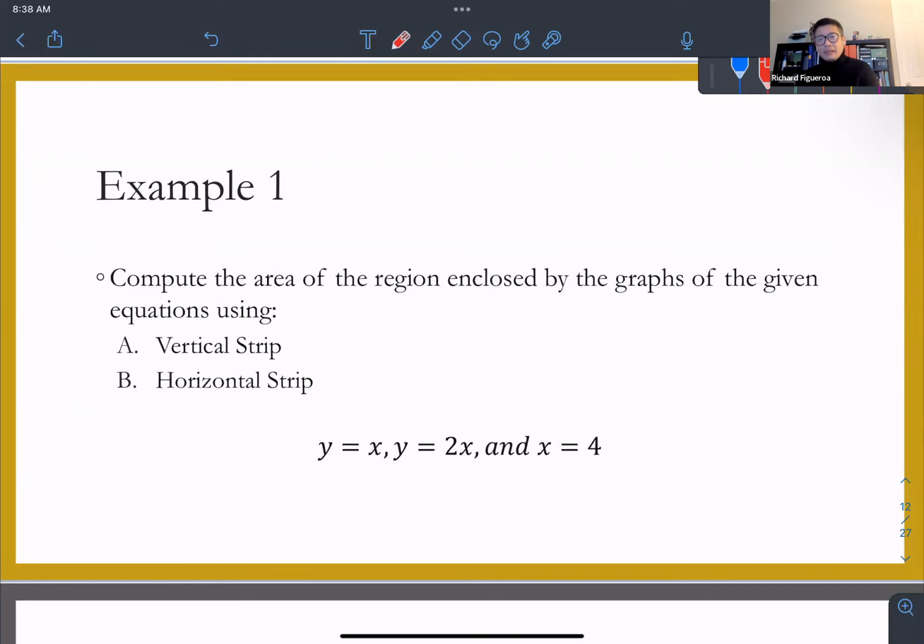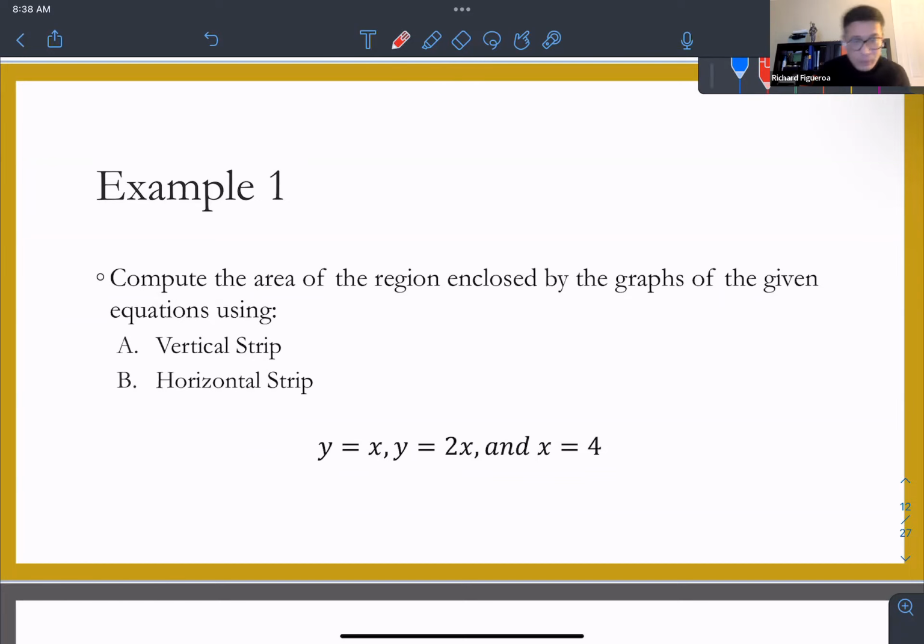Okay, but then one will yield a longer solution as compared to the other. So that's why it is important to know when to use vertical strip and when to use the horizontal strip.